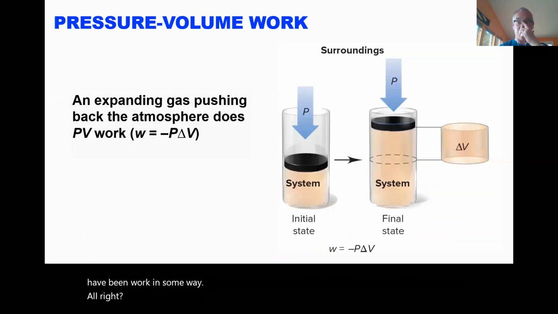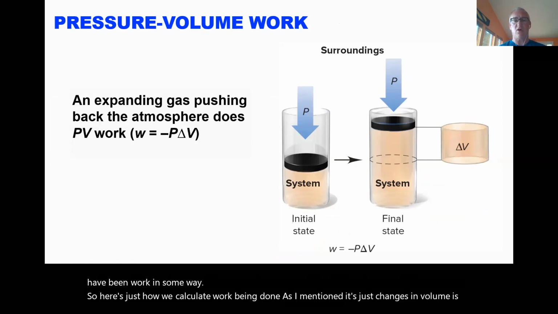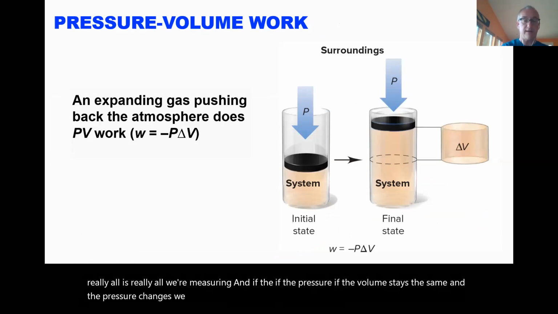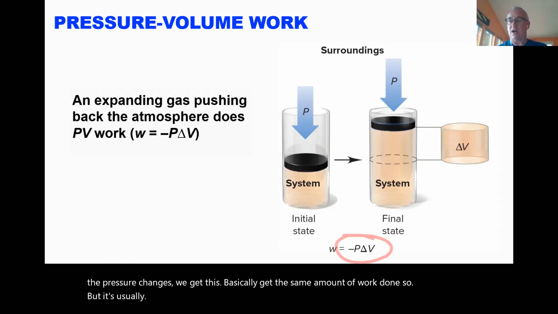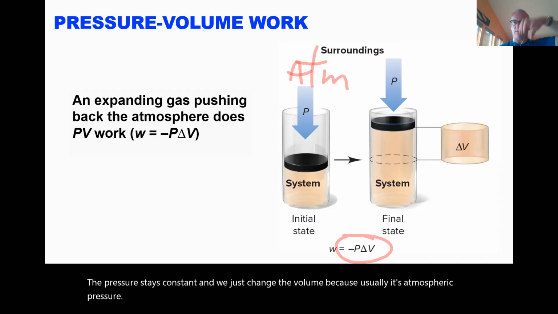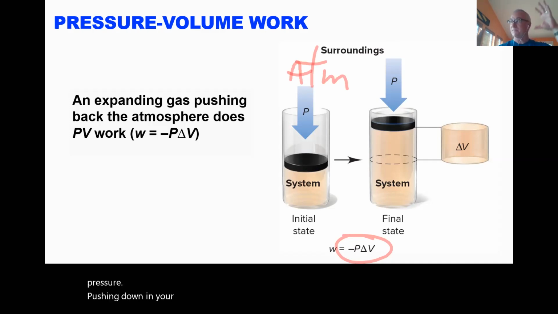So here's how we calculate work being done. As I mentioned, it's just changes in volume. It's really all we're measuring. And if the volume stays the same and the pressure changes, we basically get the same amount of work done. But usually the pressure stays constant and we just change the volume, because usually it's atmospheric pressure pushing down, like on your car engine.